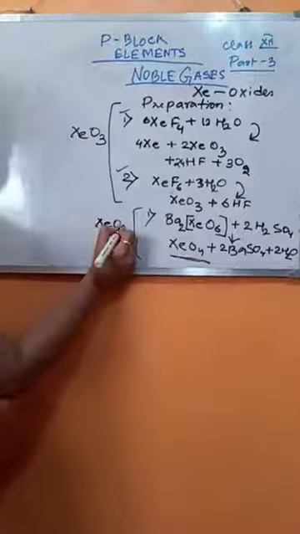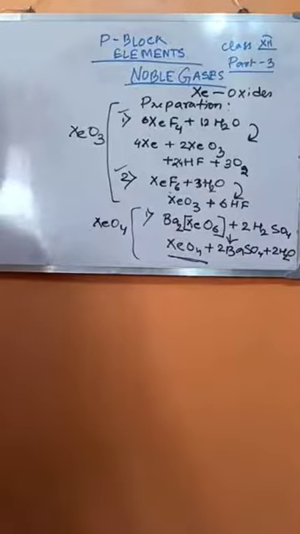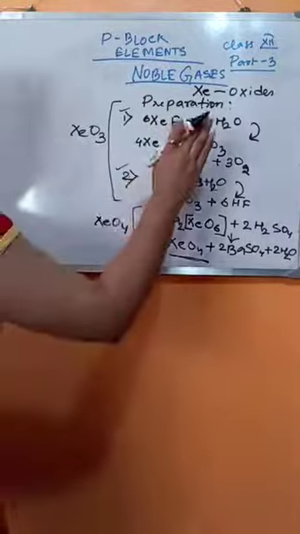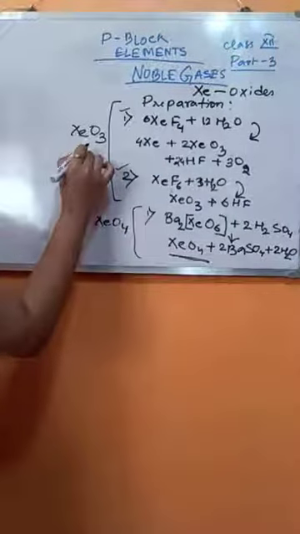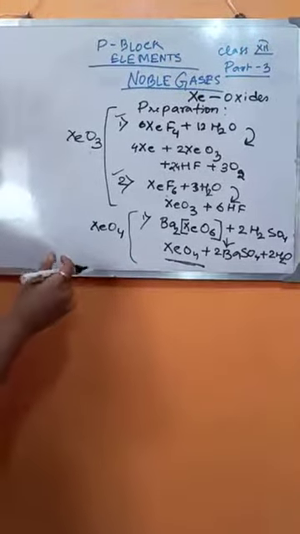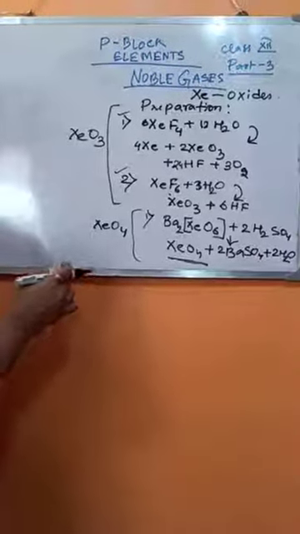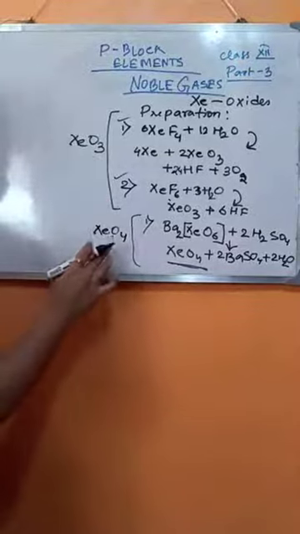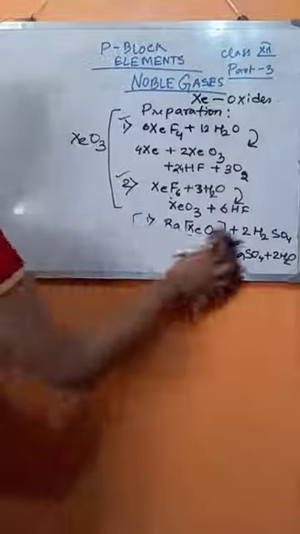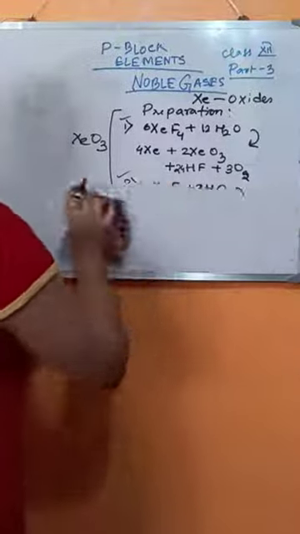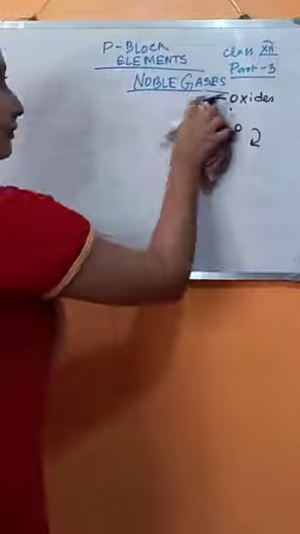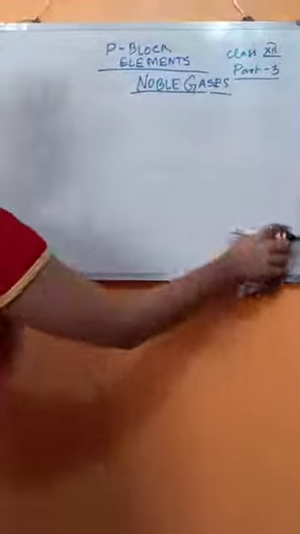In your syllabus, among the xenon oxides only xenon trioxide and xenon tetroxide are there. Now I will come to the structure and hybridization of xenon trioxide and xenon tetroxide.